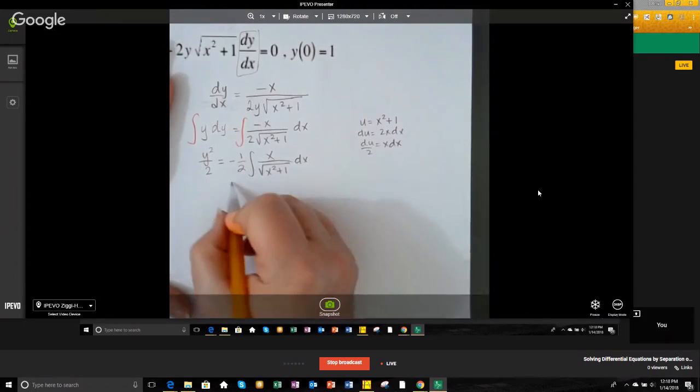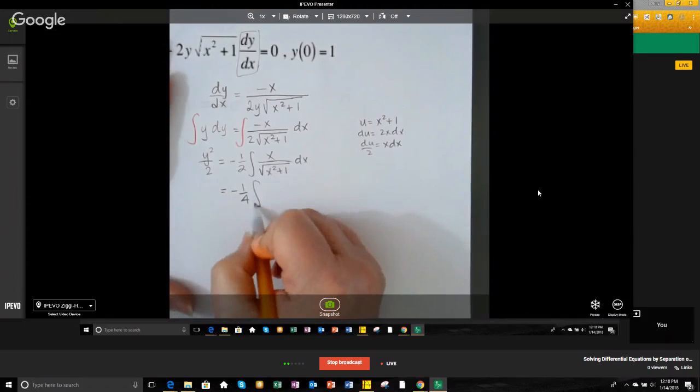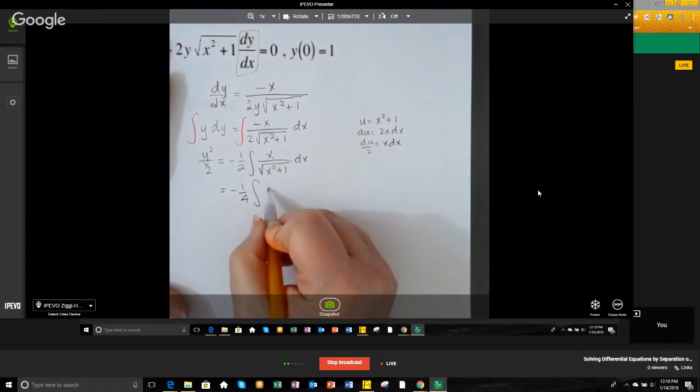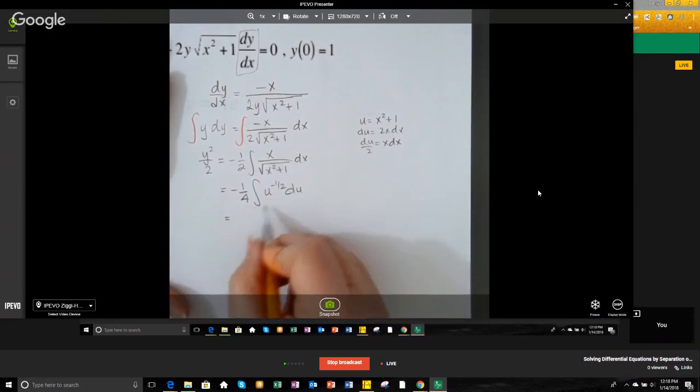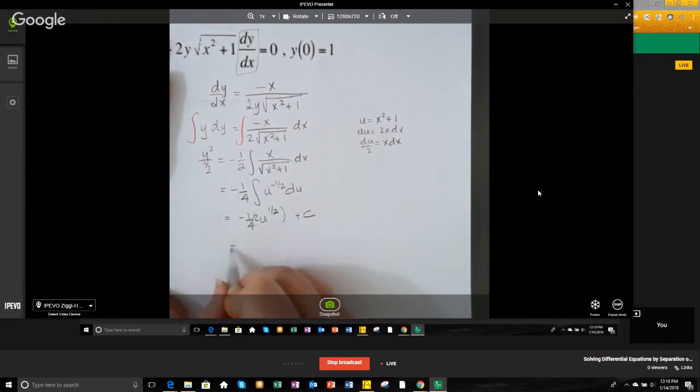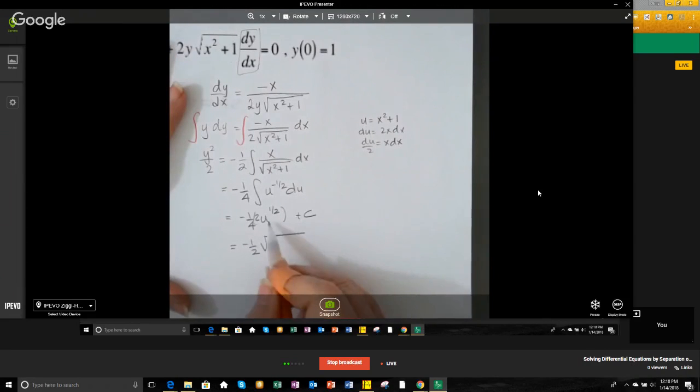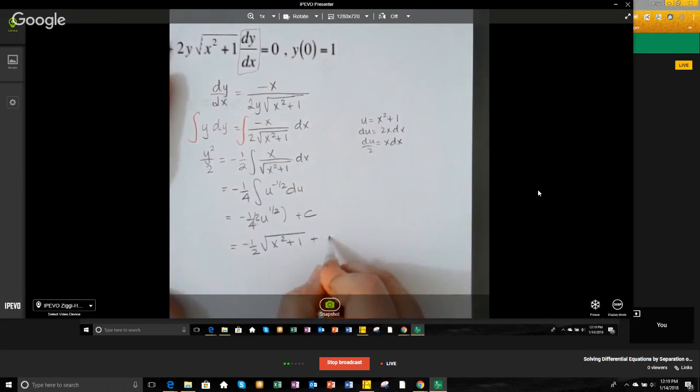So this would be negative 1/4 out here, the integral of u to the negative 1/2 du, which is going to be negative 1/4 u to the positive 1/2 times 2 plus c. And that's going to be negative 1/2 of the square root of, well, what is the u? U was x squared plus 1, plus c.